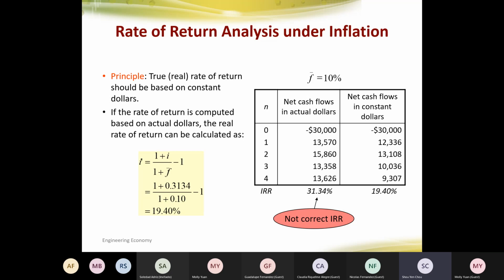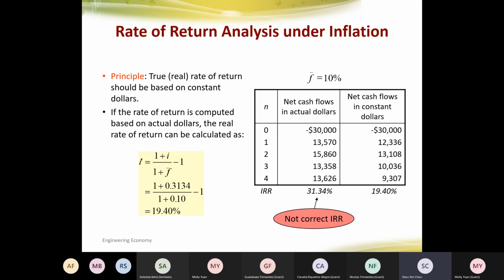This interest rate takes out the influence of the inflation, so that we get only 19.4%, which is the so-called inflation-free interest rate. That is the interest rate characterizing the earning power. So the rate of return for this project is 19.4% rather than 31.34%.